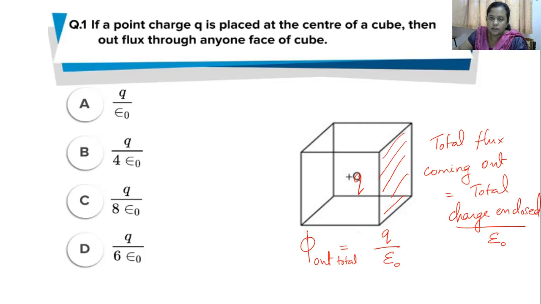We need the flux coming out of any one of the faces. We know that a cube has 6 faces. So the flux coming out of any one face is Q divided by 6 epsilon 0. So the answer is Q by 6 epsilon 0. That is option D.